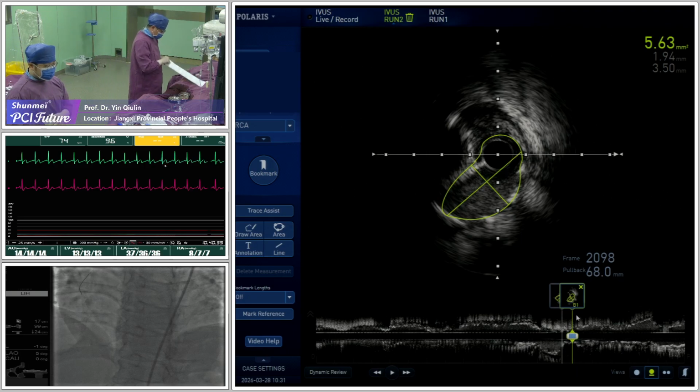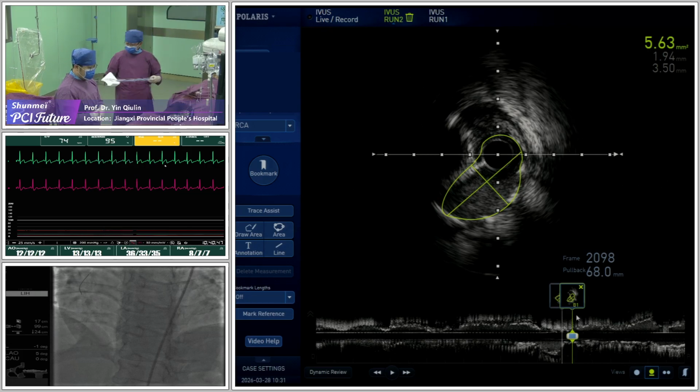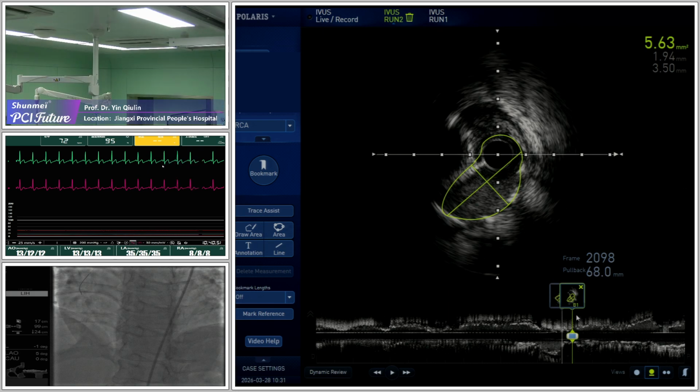SB compromise occurred in 199 lesions. We found that the location, the angle, main vessel and side branch stenosis were significant predictors of side branch compromise.